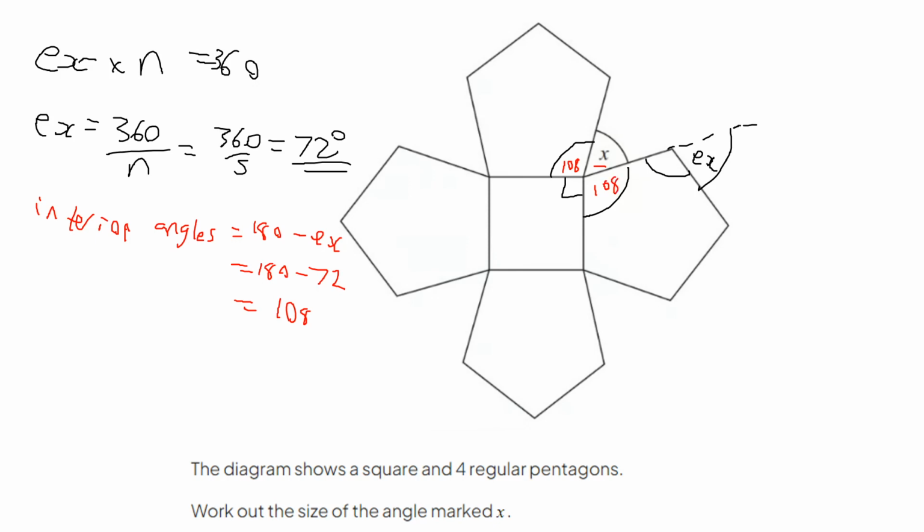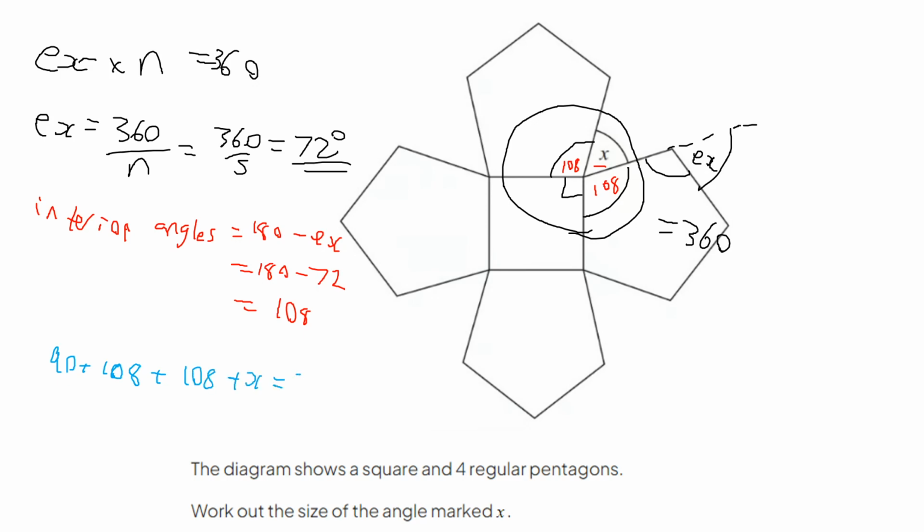And now we have an entire circle. We know that this entire circle adds up to 360. So therefore, let's write it out. 90 plus 108 plus 108 plus x is equal to 360.